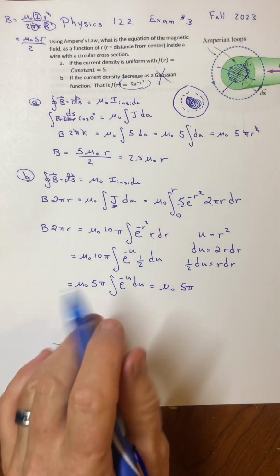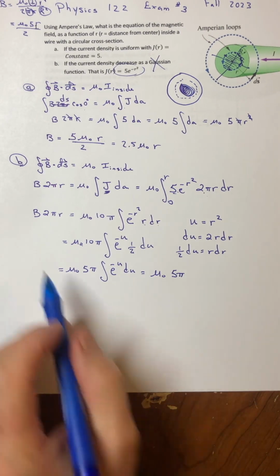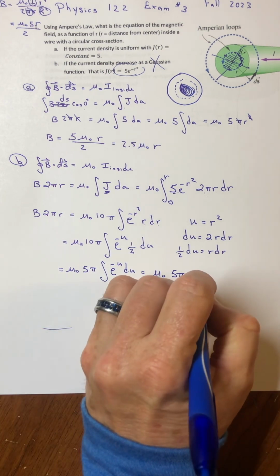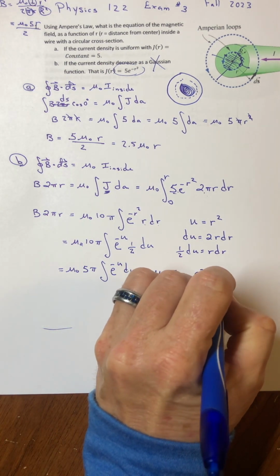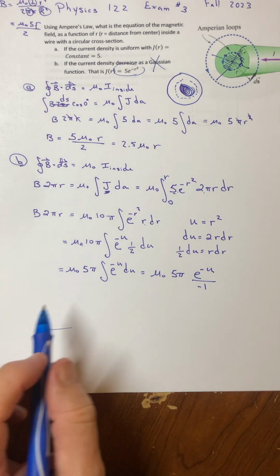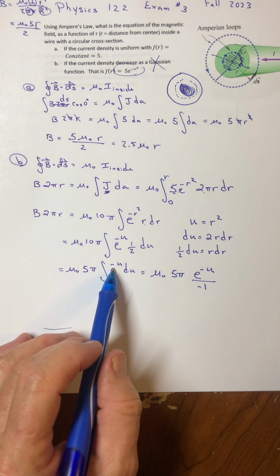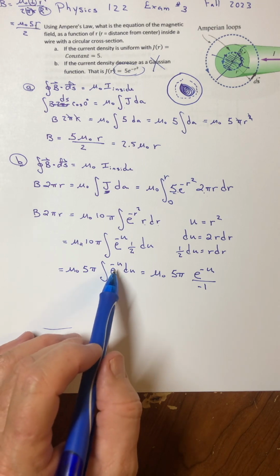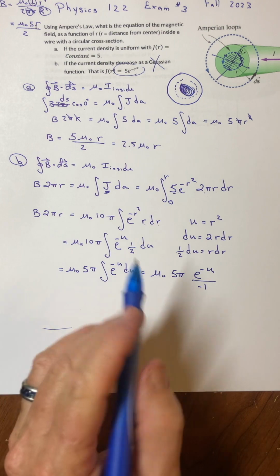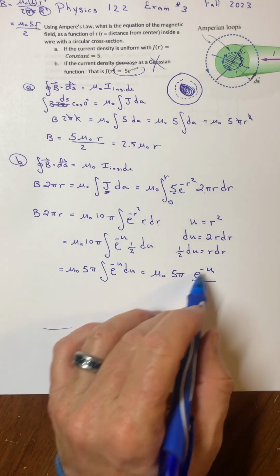Now again, lucky for us, this is a very easy integral to do. The integral of e to the minus u, of course, is itself with a negative 1. And the negative comes from the chain rule.